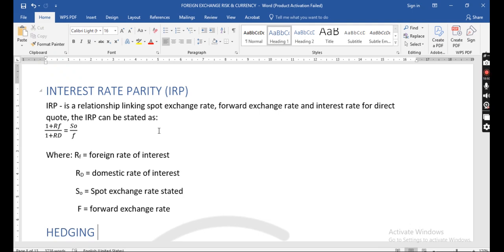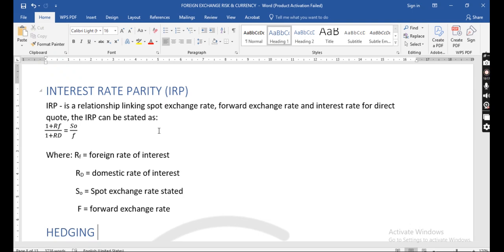So when you see that they mention interest rates, it means that your forward rate needs to be adjusted with interest rates, right? You need to include the interest rates of both countries in your forward rate, right? The formula still remains the same, but the only difference is the interest rate.